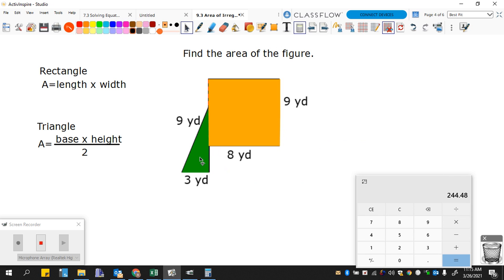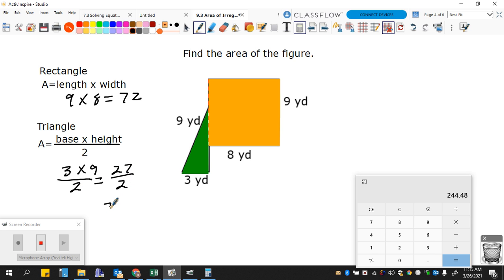All right. So the rectangle is 9 times 8, which is 72. And the triangle, remember, is base times height divided by 2. The base is 3 times 9 divided by 2, which is 27 divided by 2.